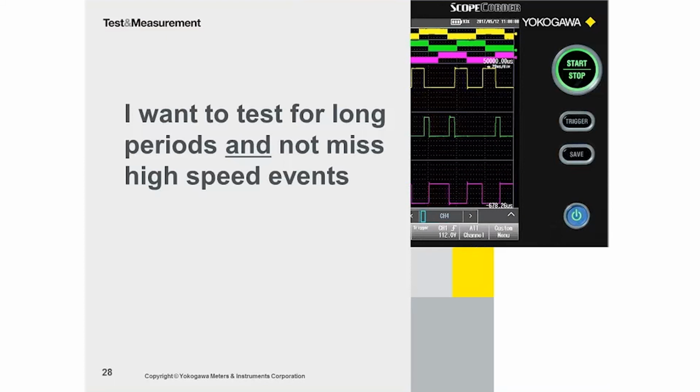Because traditionally, to test for very long periods of time, you have to sample at slower sample rates in order to be able to capture all the data you're looking for. The danger, of course, by doing that is that you will miss the detail of high-speed events. Well, that is solved in a DL850.